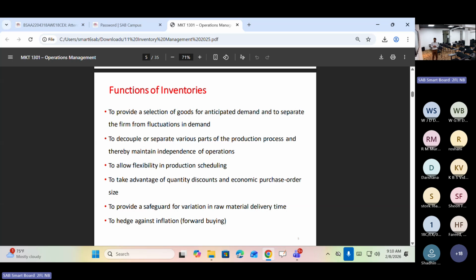We use inventories and thereby maintain independence of production steps, independence of production processes. Right. This function is particularly relevant or applicable for work in progress inventories, WIPs.